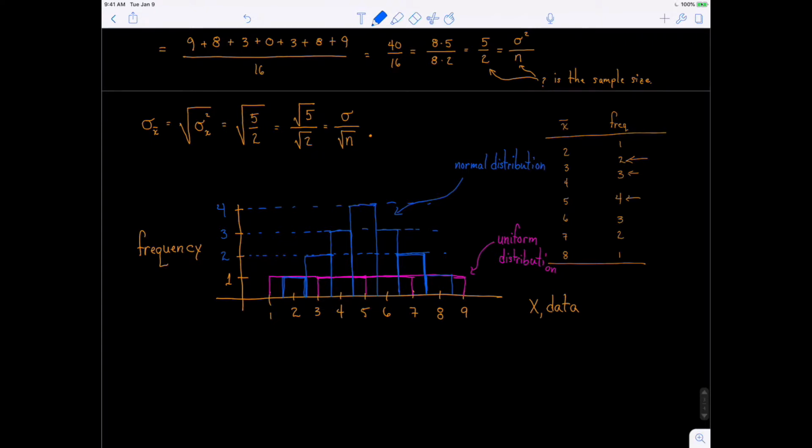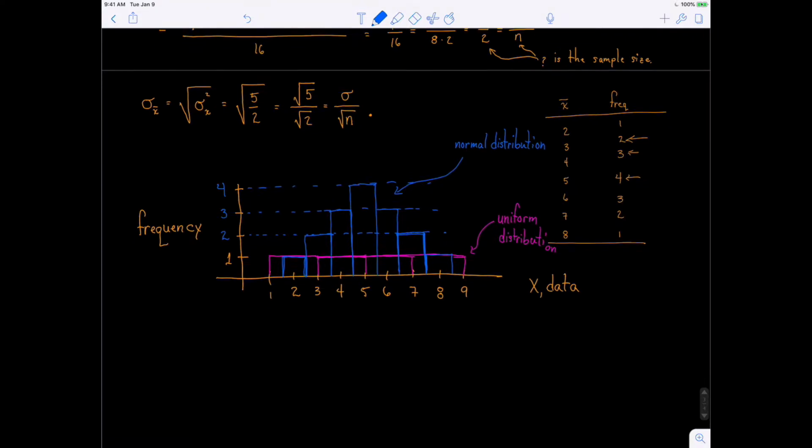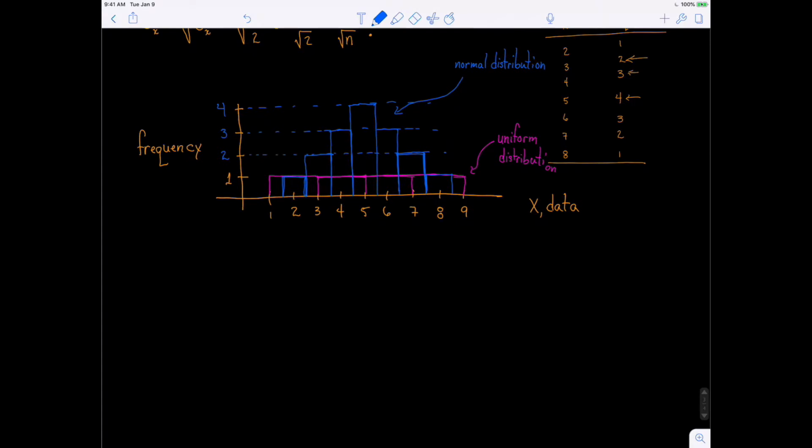Well, wait a minute. So you might wonder, well, why is that so important? Because here is what's going on. Notice that when we started with the uniform distribution, there's really nothing special about it. For example, none of the work that we've done with a normal distribution would apply.